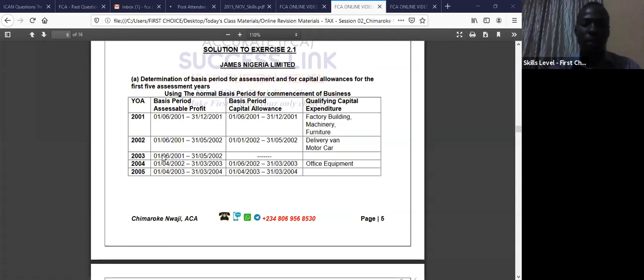There is an overlap. In fact, the whole of the second year was repeated as the third year. So there is a complete overlap. That means that our capital allowance date cannot start on this date.